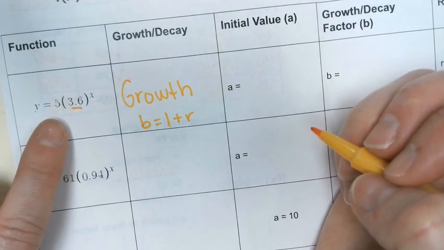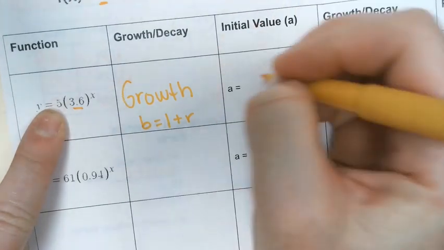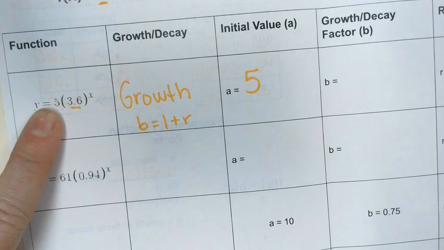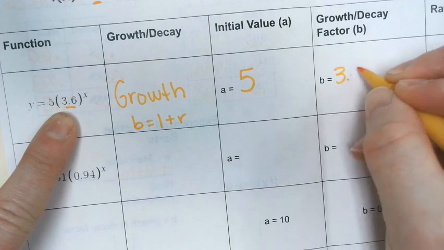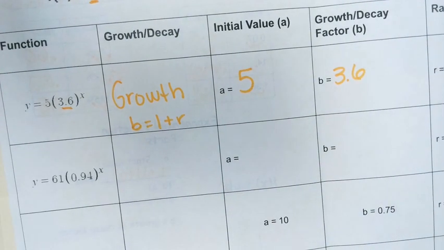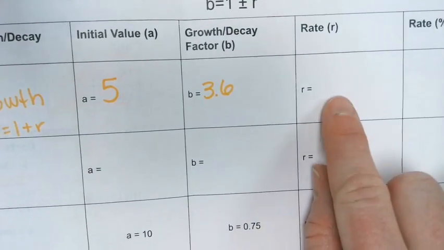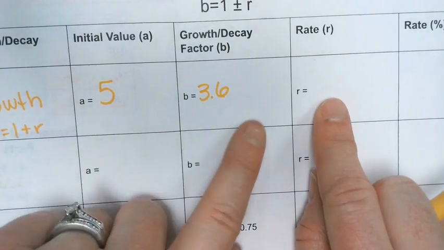Let's write what the initial value is. It's the A value. So A is the first number. So it's 5. The growth or decay factor is B, 3.6. So the growth rate is based on 1 plus the rate.